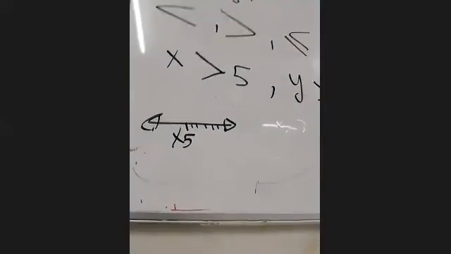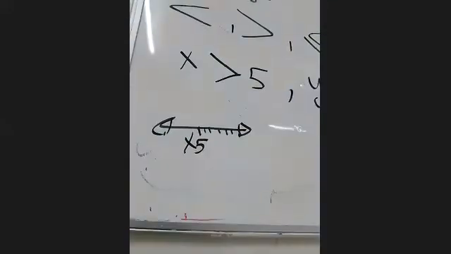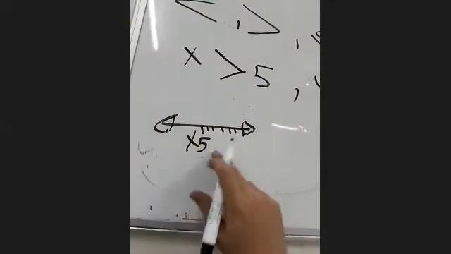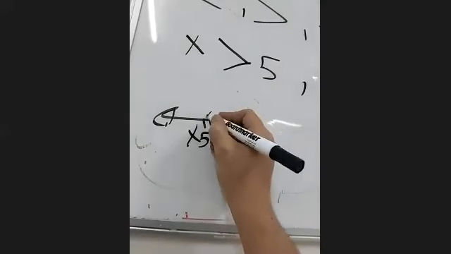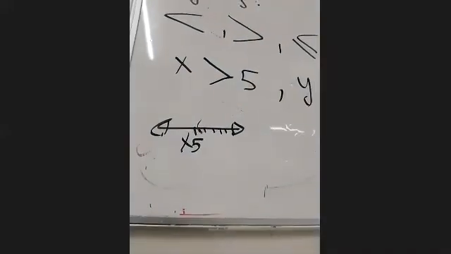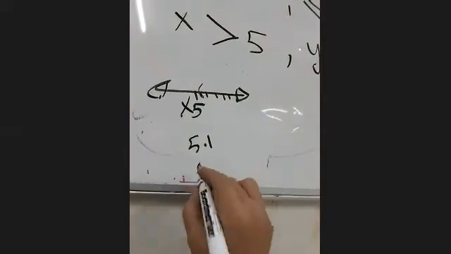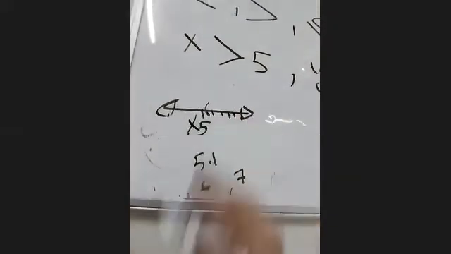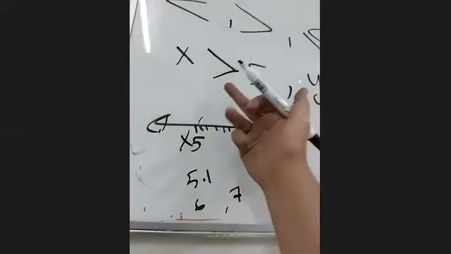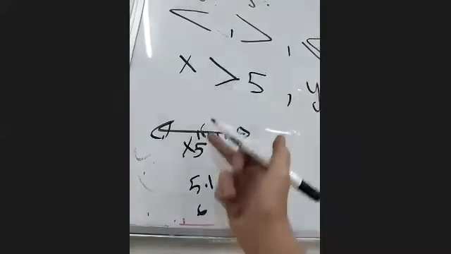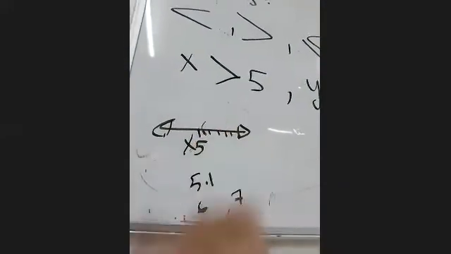X does not contain 5. 5 is not included here. It's the numbers like 5.1, 6, 7, any number more than 5. So here there is no equal sign, meaning the 5 is not included.